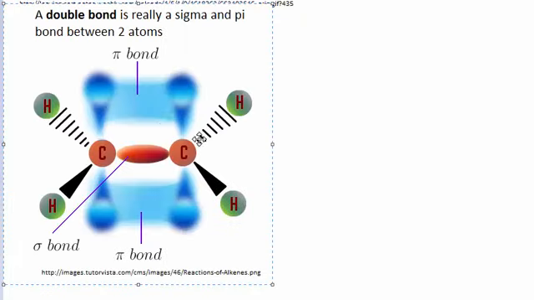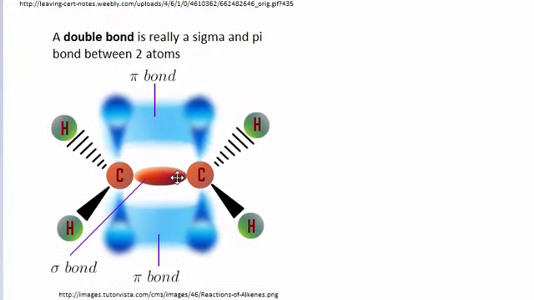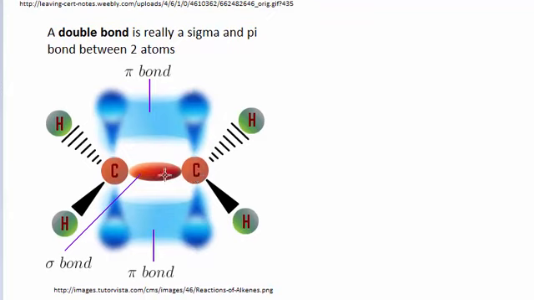So when we're talking about a double bond, whenever you see a double bond in a molecule, that's really a sigma bond between two atoms and a pi bond also existing between those two atoms. So if we see ethene or something like that, you have one sigma bond between these two and a pi bond between these two.